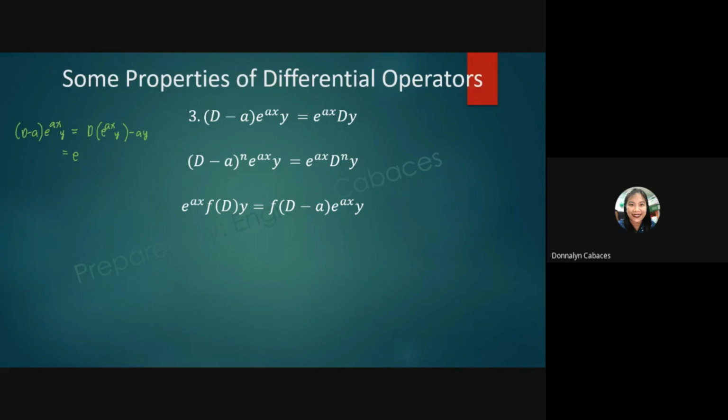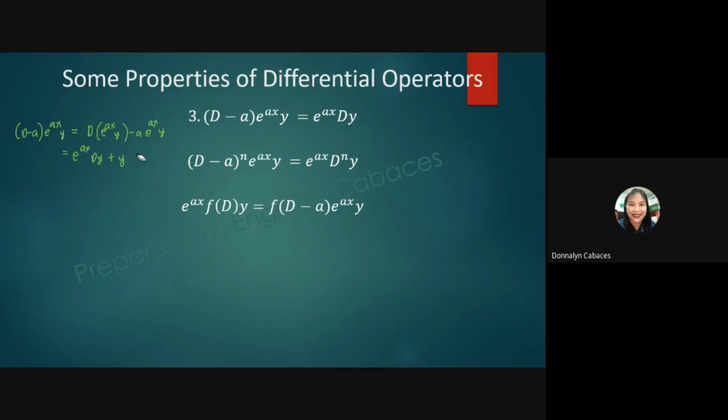So for this, the derivative of the product: e to the ax Dy plus y times the derivative of e to the ax with respect to x.